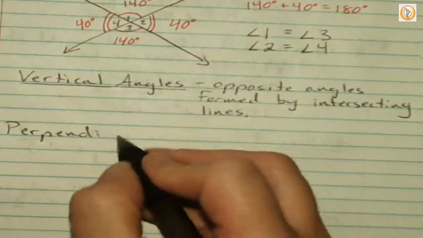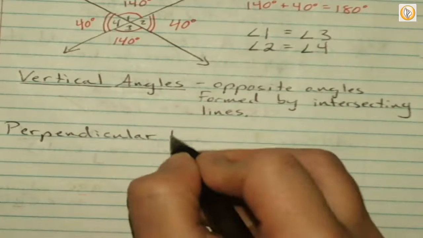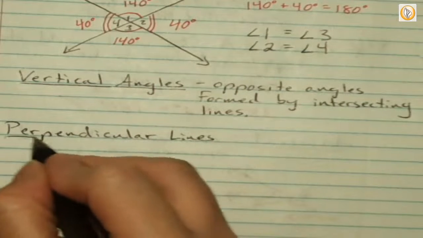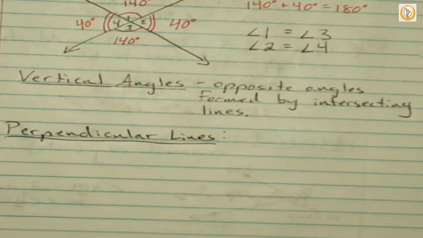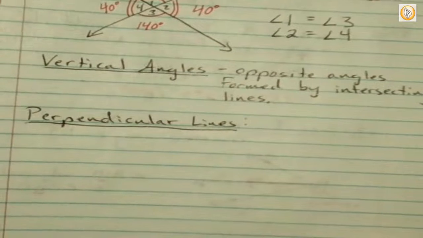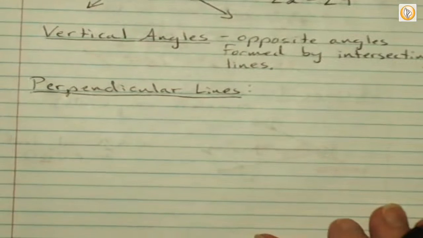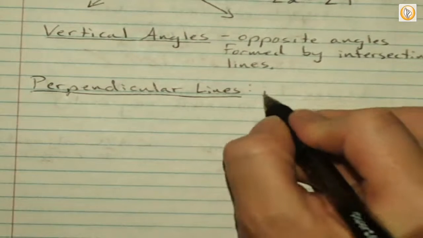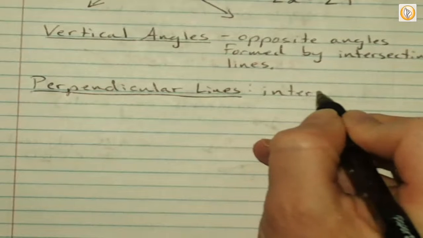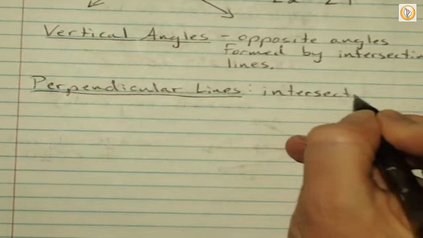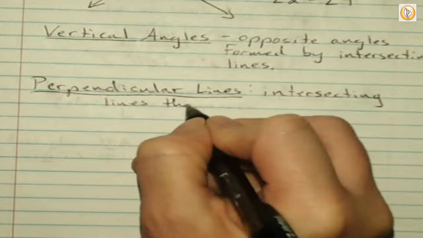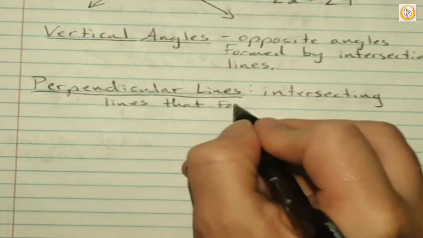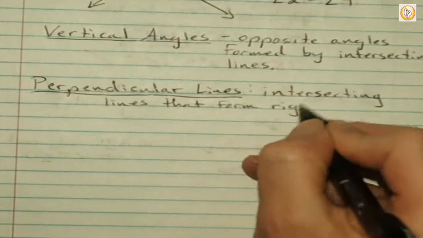Perpendicular lines. Perpendicular lines. They are intersecting lines that form right angles.